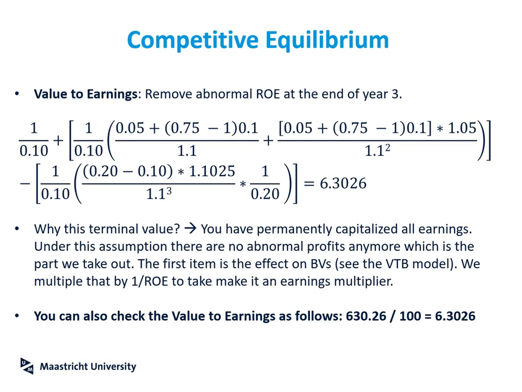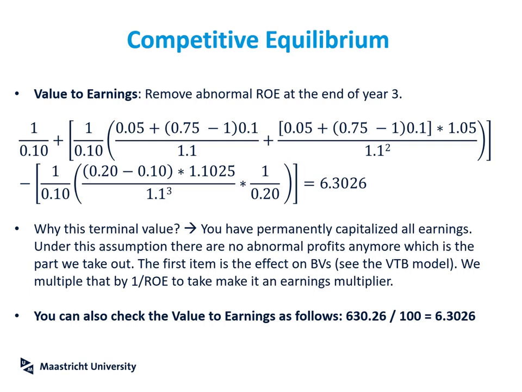But as we've seen before with the value to book, we have to take into account that the profit growth in going from year 2 to year 3 is earned on profits that have grown from year 1 to year 2 as well. So for the second component, we multiply the abnormal profit growth with 1.05, which is actually the profit growth that we had in the previous year.